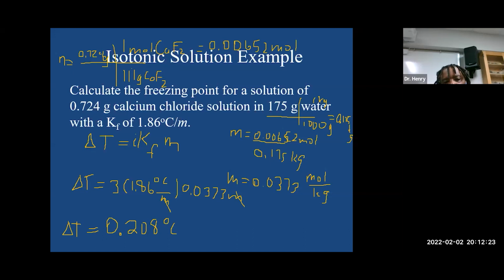So delta T represents T final minus T initial, and our T initial is going to be 0, right? Or T initial minus T final.